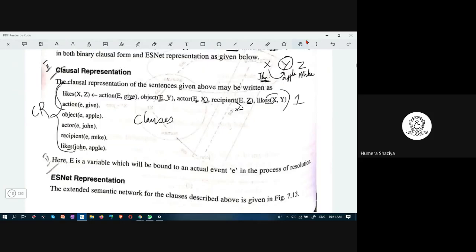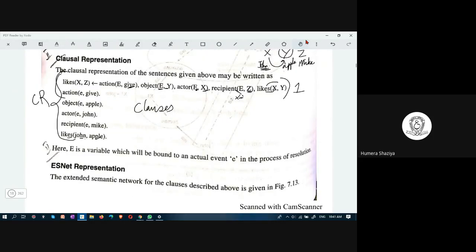All right. E is a variable which will be bound to the actual event. Capital E is a variable which will be bound to the actual event. Bound means, you can say, X equals John.